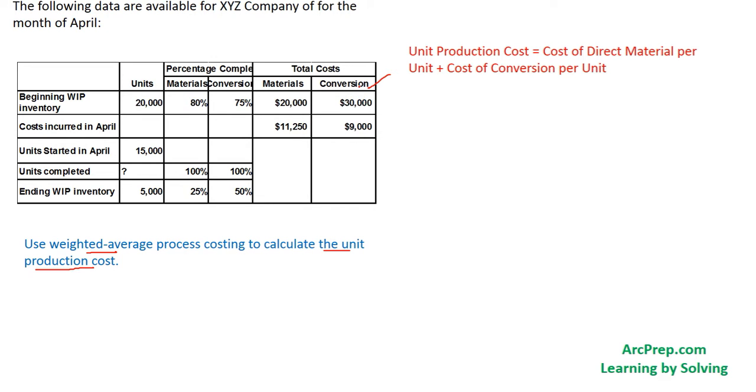That will give us the total production cost. So cost per unit for direct material, just like calculated, was $1. Conversion cost was $1.2, and the unit production cost that we are interested in, that will go eventually into cost of goods sold, is $2.2 for the month of April using the weighted average method.